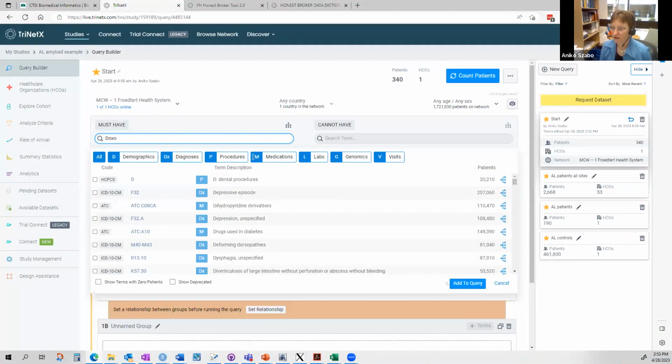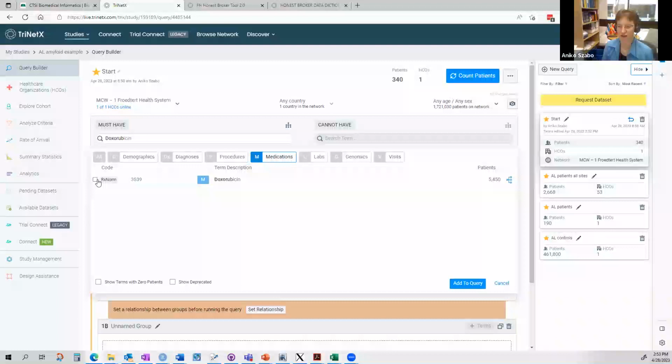And hopefully I didn't mistype it, but it should pop up in medications. You see this uses the RxNorm coding, which is for drugs. This is the code, and I can select that. That's what I want.